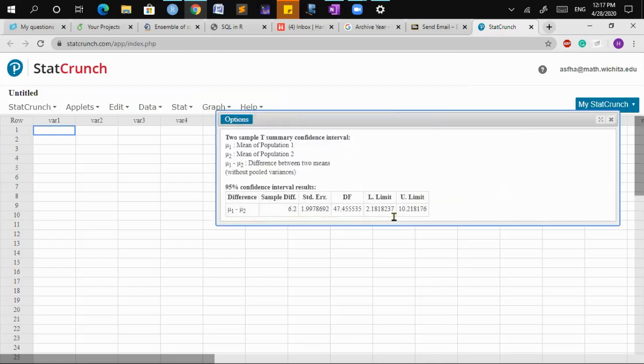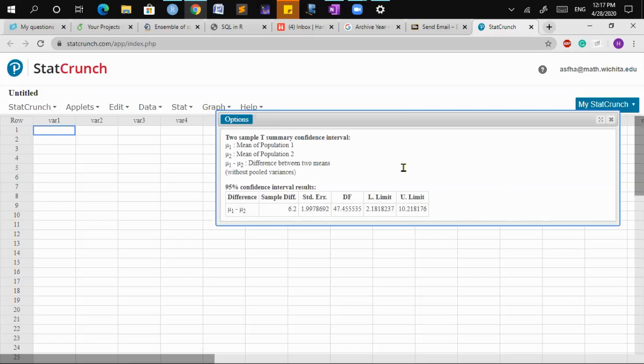You can see there is no difference. The only difference is the sign: this was negative, now it's positive. Both limits were negative, now both are positive. This is the reason why I was saying it's always good to have a positive interval, or to subtract the smaller from the larger, because this way it's much easier.